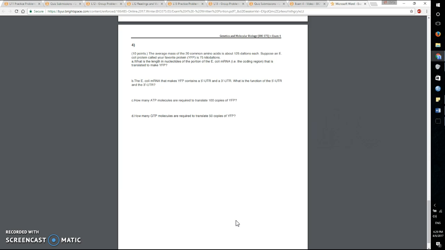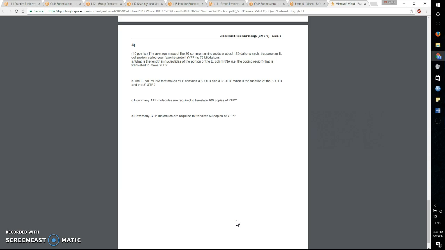So 180 should be the length of nucleotides in the portion of the E. coli mRNA that is translated to make YFP. But of course, that's not including untranslated regions, which are a range. So I'm not sure how to calculate that.